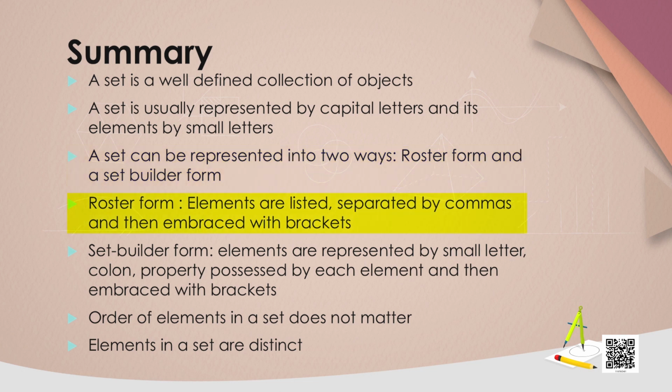We list all the elements, separate them with commas and embrace them with brackets. Remember, what kind of brackets? Curly brackets. In set builder form, elements are represented by a symbol, then colon, then the property possessed by each element, and then the description within braces. Order of the elements in a set does not matter, and lastly, the elements in a set are all distinct.